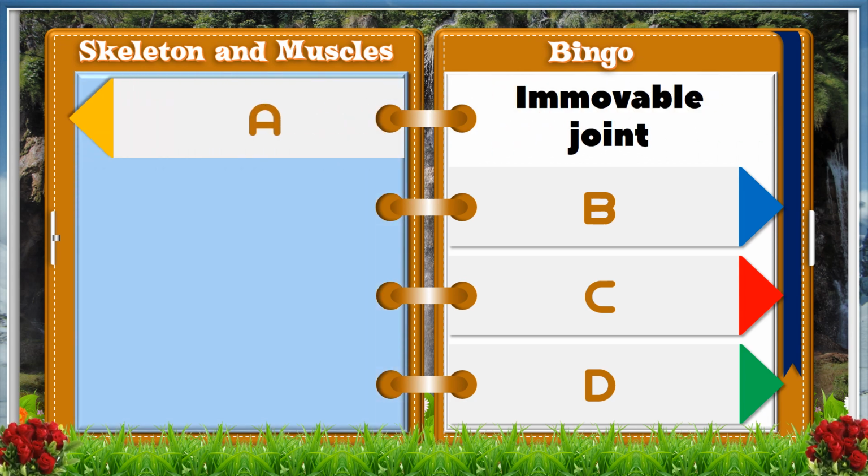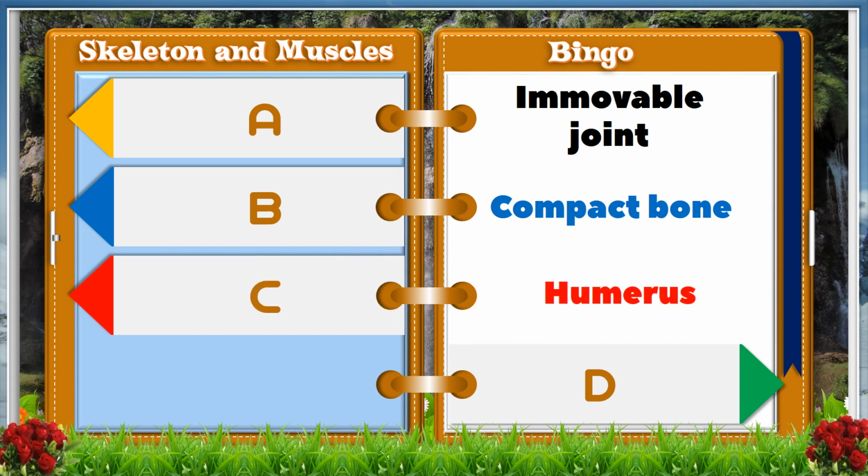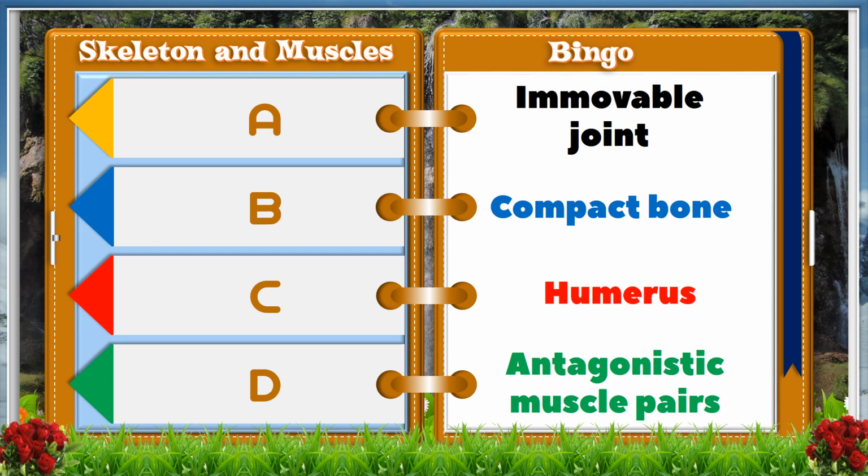A. Immovable joint. B. Compact bone. C. Humerus. D. Antagonistic muscle pairs. And the answer is B. Compact bone.